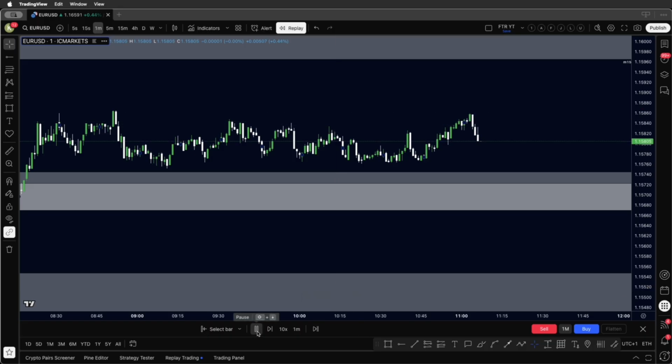If it can come in, let's just skip forward. Here we go, this is looking positive. Almost an entry. Oh, it looks like we might have just missed it.